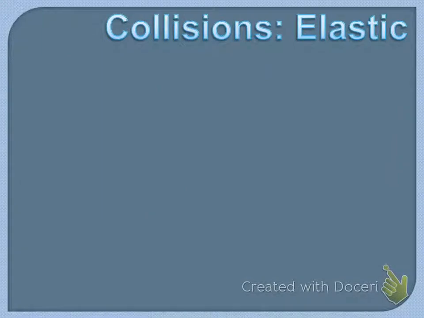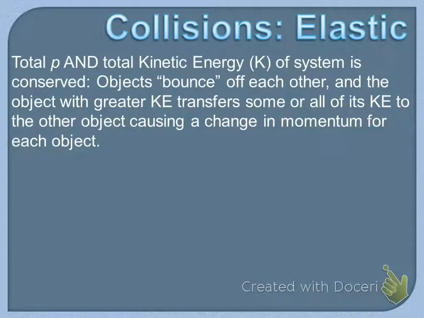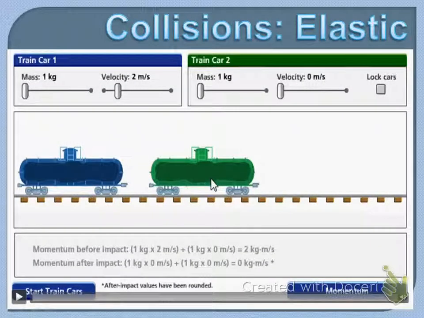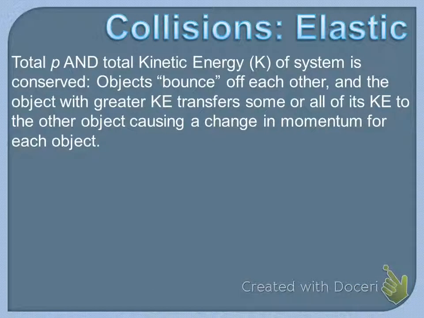Okay, so let's talk a little bit further about elastic collisions here. In elastic collisions, the total momentum and the total kinetic energy of a system is conserved. And this is the key thing that we're really adding to our information about momentum and conservation. The total kinetic energy of elastic systems is conserved.